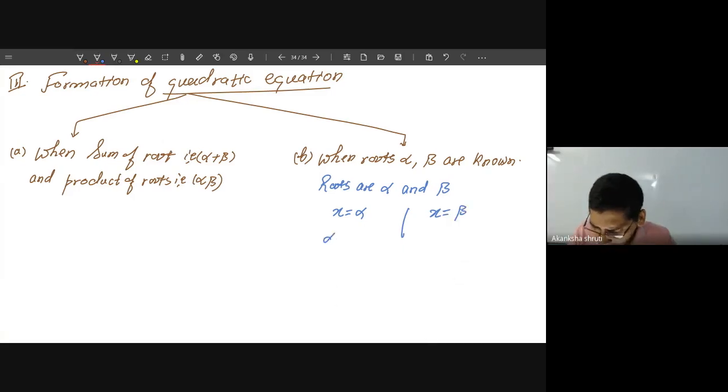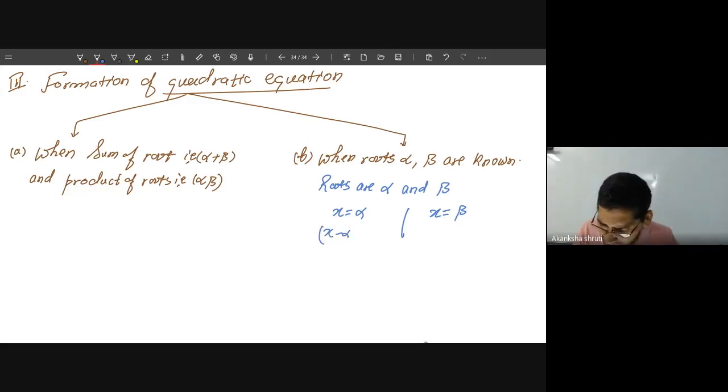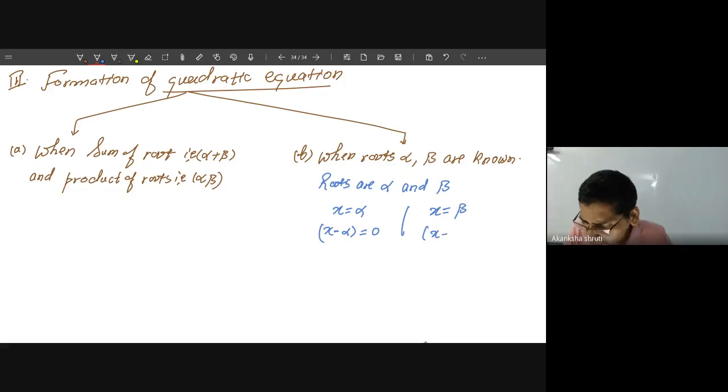Means x minus alpha will be one of the factors of the required quadratic polynomial, or here, the quadratic equation. So x minus alpha, this factor is equated to 0, as we were doing in quadratic polynomials, and x minus beta is known.